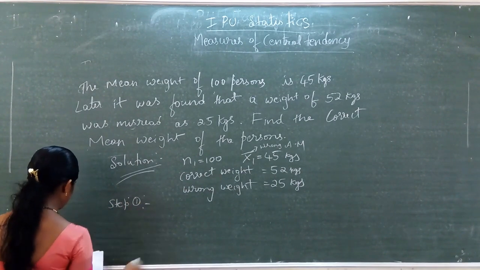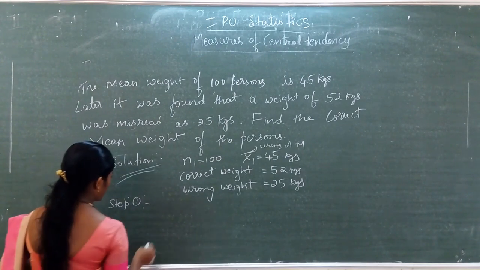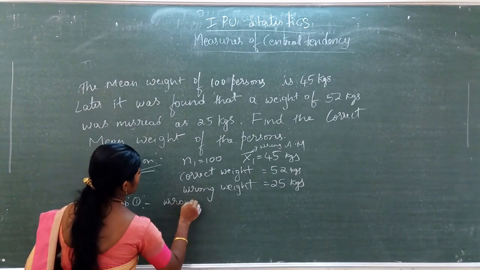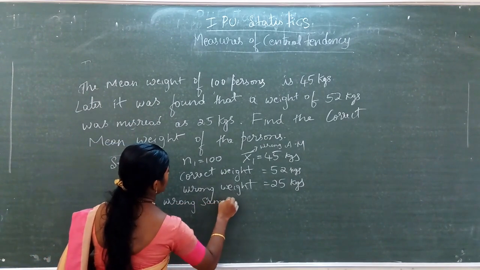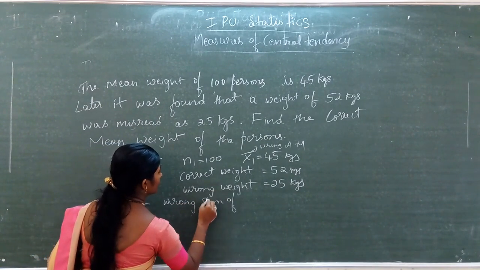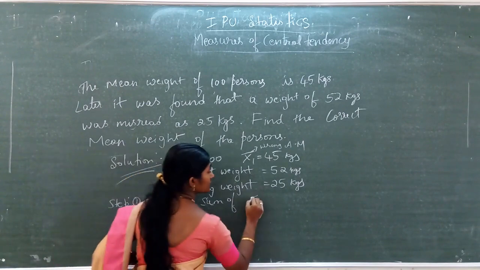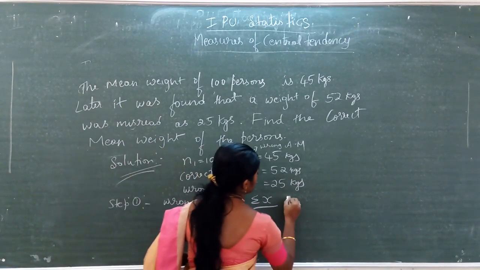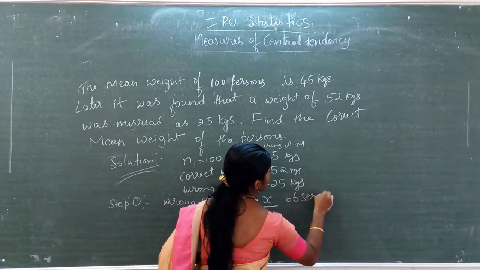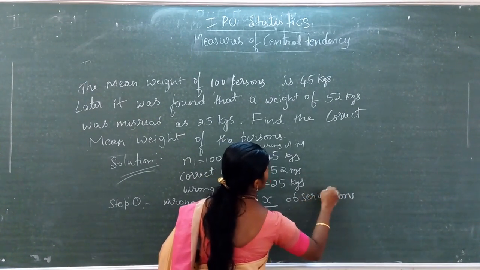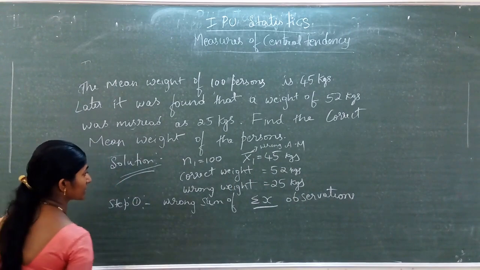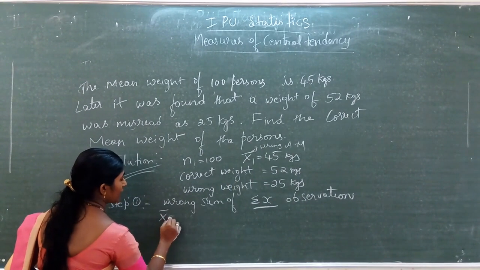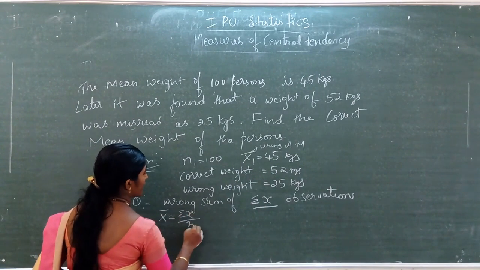First step is you have to find the wrong sum of observations, summation x. How to find that? By using the formula x bar equals sigma x divided by n.